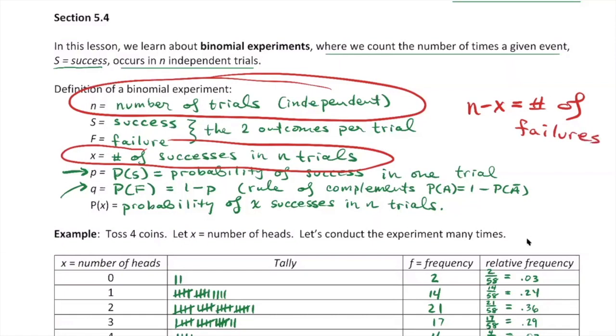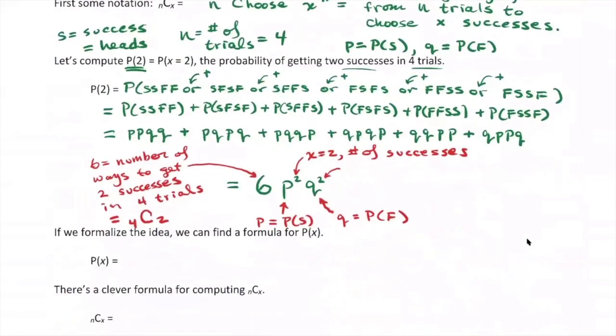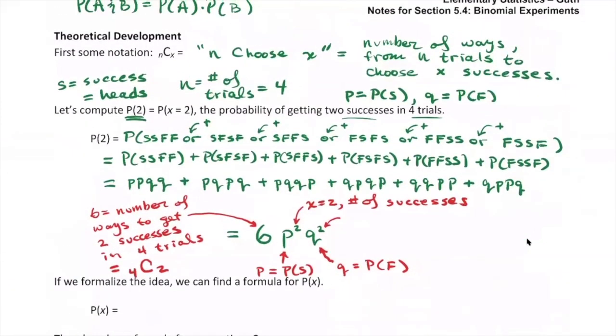Okay, so going back down here, 4 trials minus 2 successes, that's n minus x, is the number of failures.